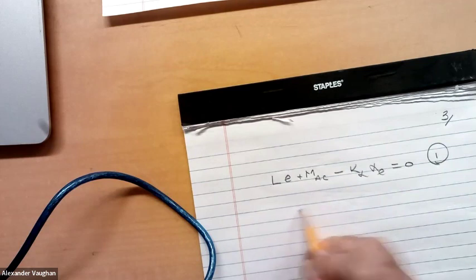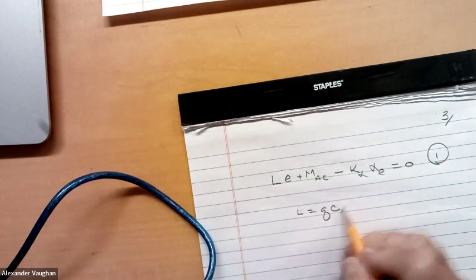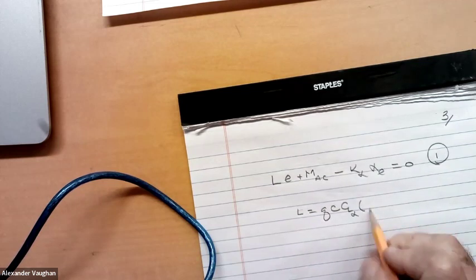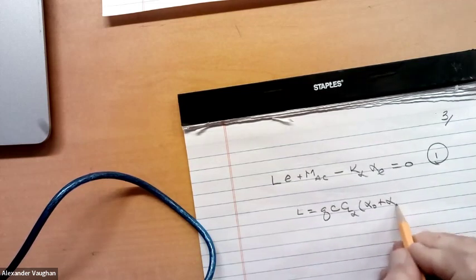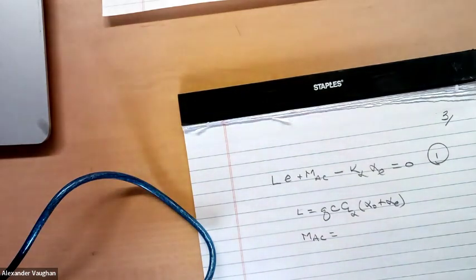But then we had, I'll write this again so it's all on the same page. We have the lift is Q C CL alpha times alpha, but alpha is alpha naught plus alpha E. And then the moment about the aerodynamic center, the key here is it doesn't depend on the angle of attack.